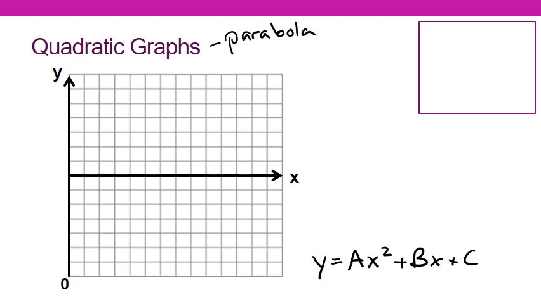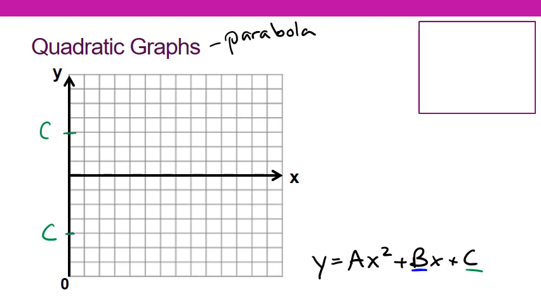What do they mean? Well, c, if we set x to 0, we'll find that c is where I start my graph on the y-axis. This is sort of like the intercept. If c is negative, we'd have a negative c below the origin, and if c is positive, we'd start above the origin.